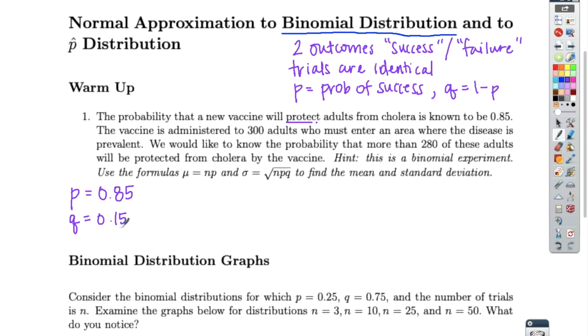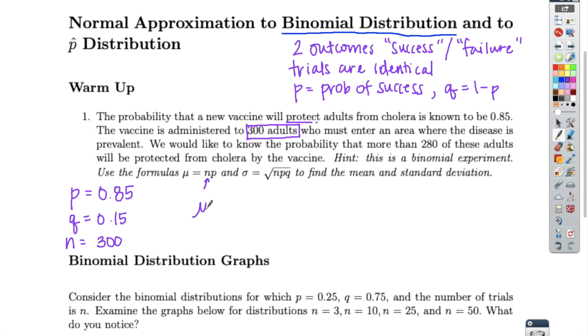Okay, so we know p and we know q. The last thing that we need to know in the formula is n, which is the number of trials. And in this case, because the vaccine is administered to 300 adults, that is our sample size. So n is 300. And I'm just going to use those three values in these two formulas to find the mean and the standard deviation for this binomial distribution.